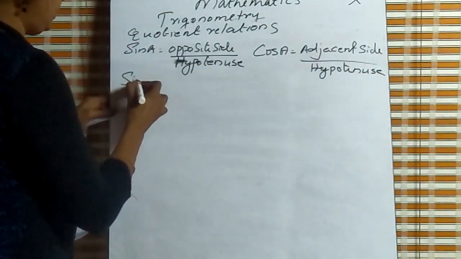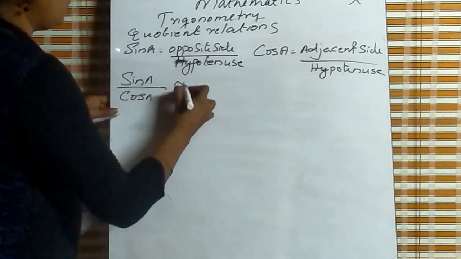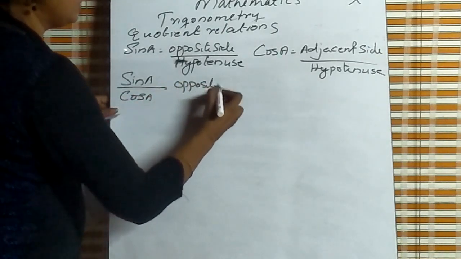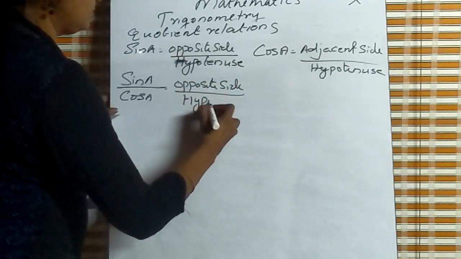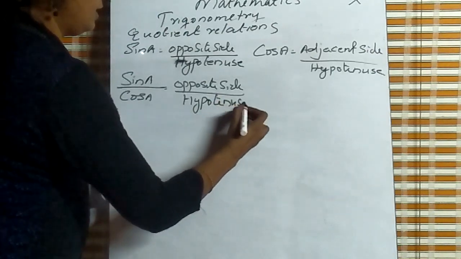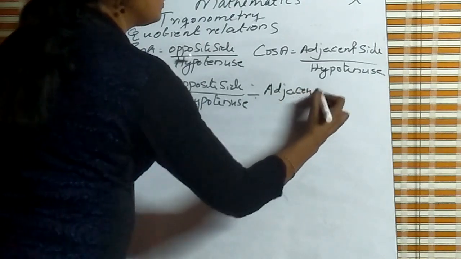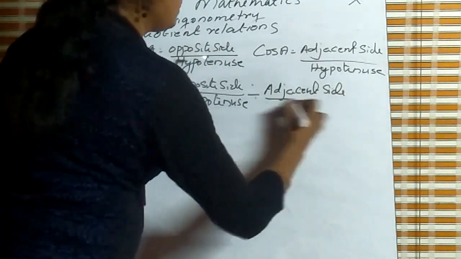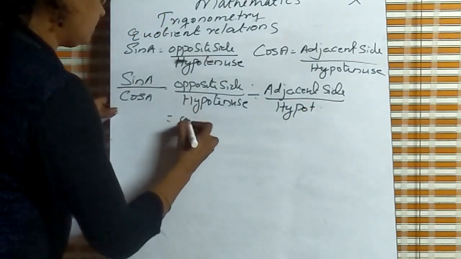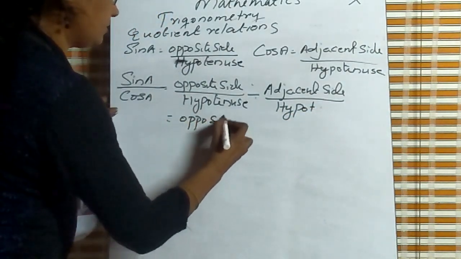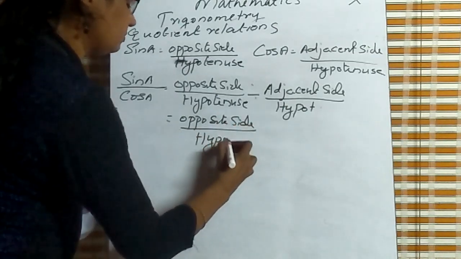So what is sin A by cos A? Sin A by cos A is equal to opposite side by hypotenuse, division adjacent side by hypotenuse, equals opposite side by hypotenuse.